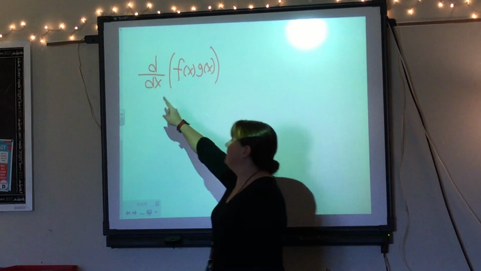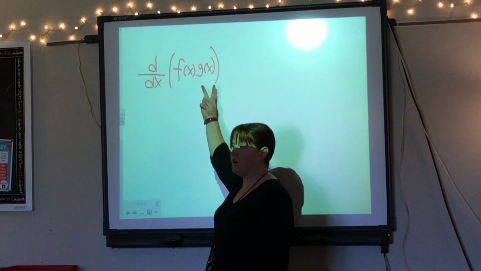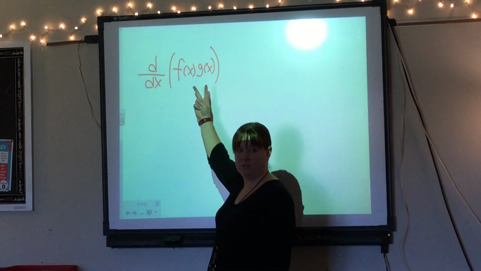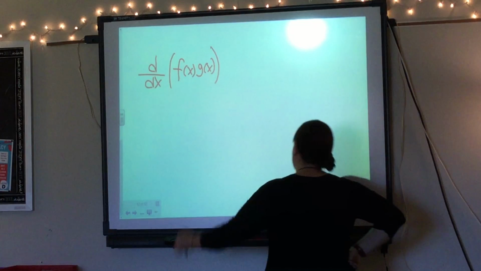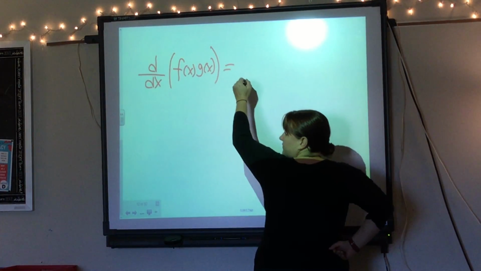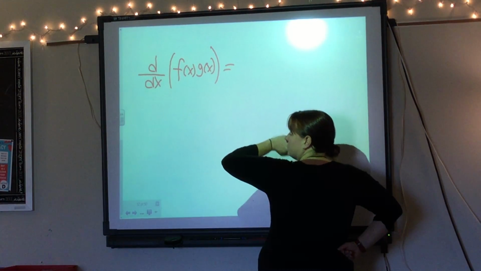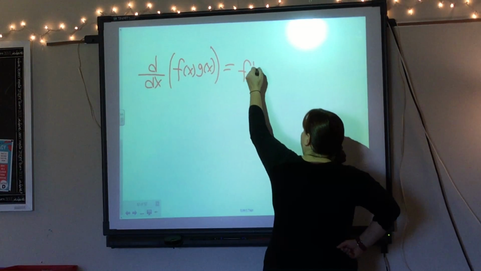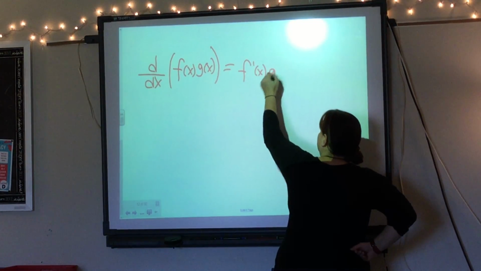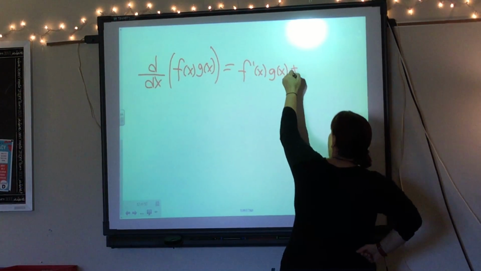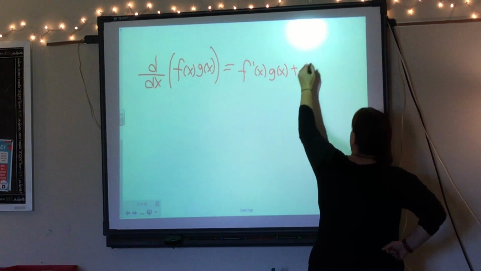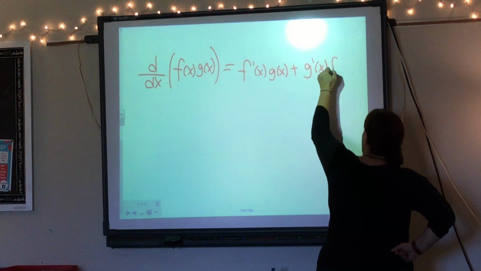So the derivative of two functions multiplied together equals f prime of x times g of x, plus g prime of x times f of x.